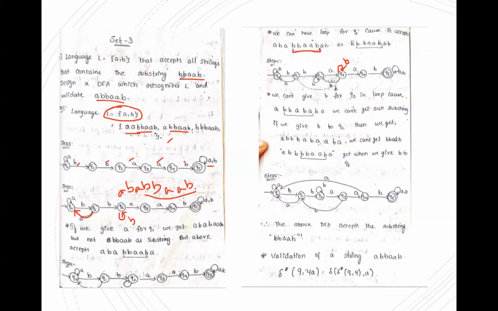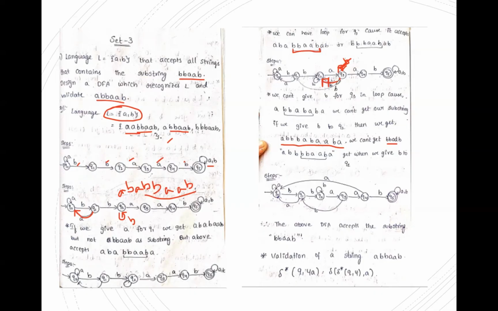You won't get BB as a substring in this case. So instead of taking this as a self loop, we are moving it to the previous state. Then we'll get this possibility, AB, ABA. Again, if you check this, there is no sequence BB. There is no substring like this. So we can't use this sequence.